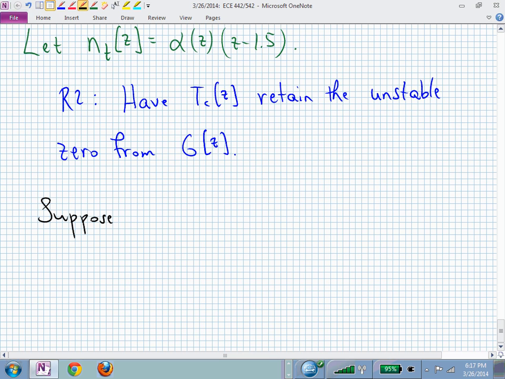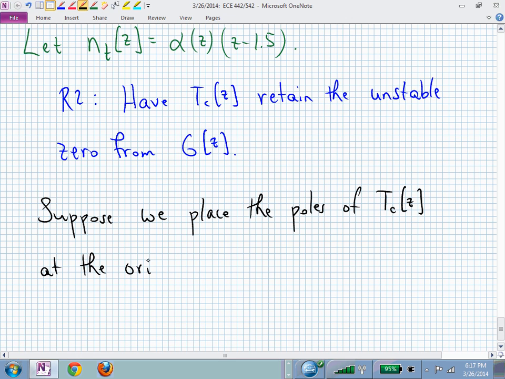Let's just suppose, for this is a classroom academic problem, isn't it? So suppose we place the poles of T sub C of Z at the origin. I just like saying that.